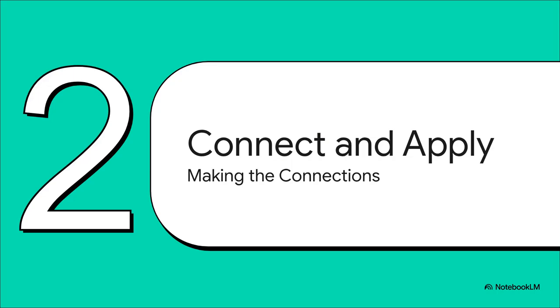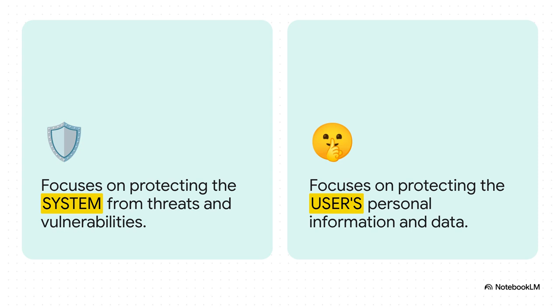All right, so once you've got your definitions down, it's time for the next phase. This is where the magic really starts to happen. We're going to connect the dots. We're moving from just knowing what things are to understanding how they all work together. It's all about seeing the trade-offs and learning how to make smart choices. So let's compare two ideas that sound almost the same but are actually worlds apart.